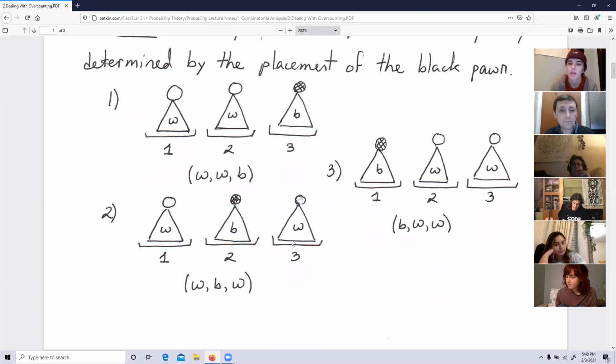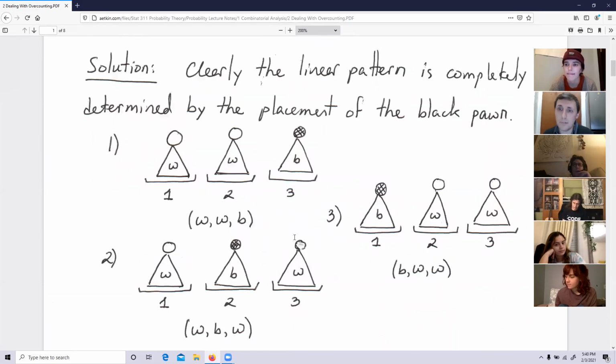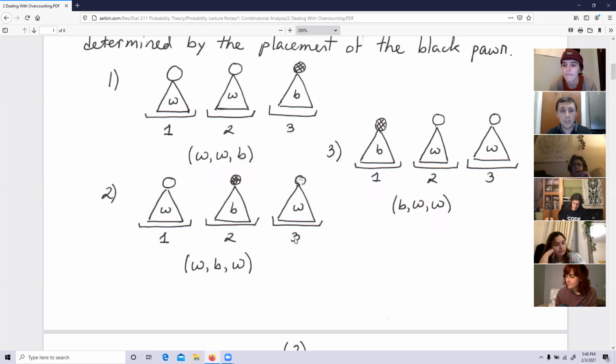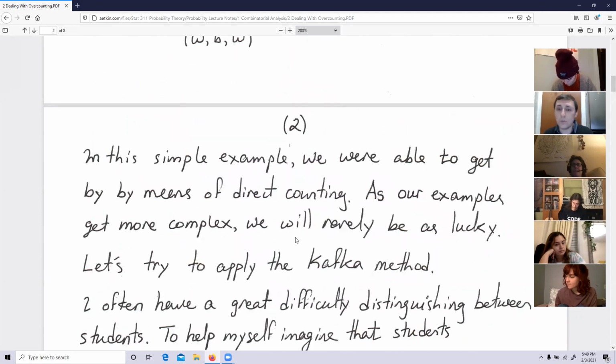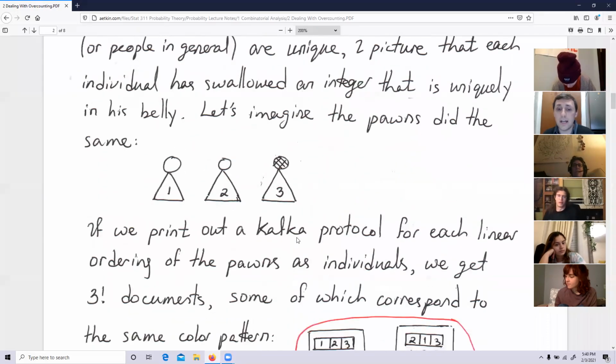However, there is going to be another procedure that, for this example, is not necessary, but it will be necessary in general, which is to try to do it with the Kafka method, okay? So what I can imagine doing is I assign identities to each pawn. So there is pawn 1, pawn 2, and pawn 3, where pawn 1 and 2 are not distinguishable, yes?